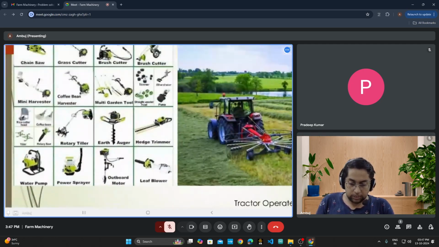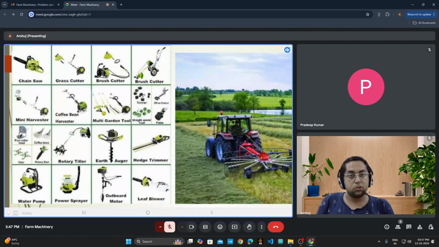Then, regarding different types of intercultural operation equipment. Chainsaw is there. Chainsaw, as you must be knowing, is used for cutting logs of wood.